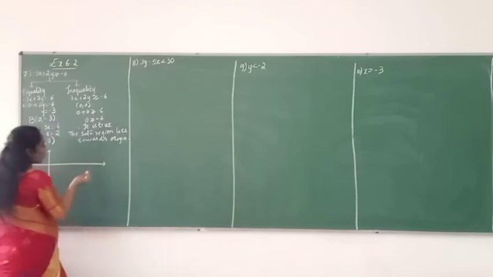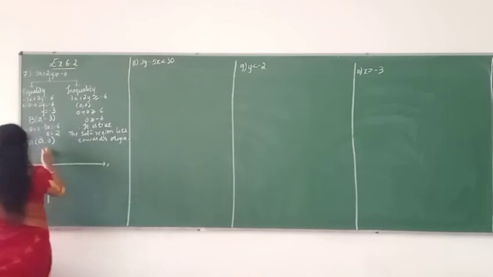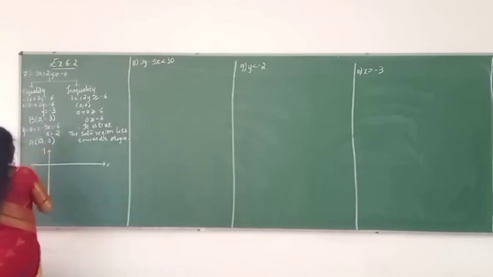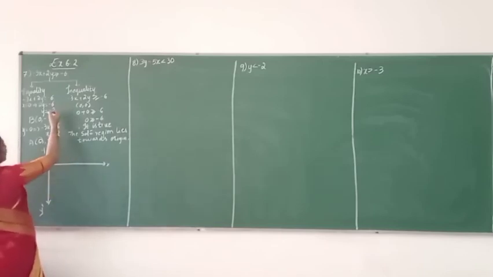Based on the points we are having, that is the x and y coordinate points, I'll be drawing the graph. You can see I have extended the y dash axis because we have a negative sign on the y axis point.